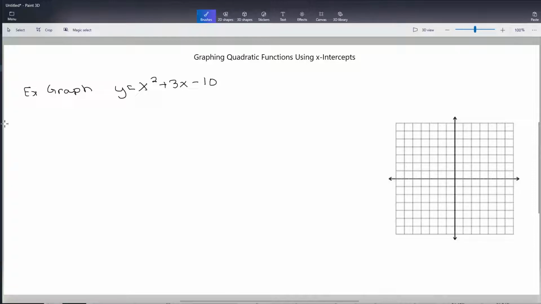So let's go ahead and look at how to find the graph for this.